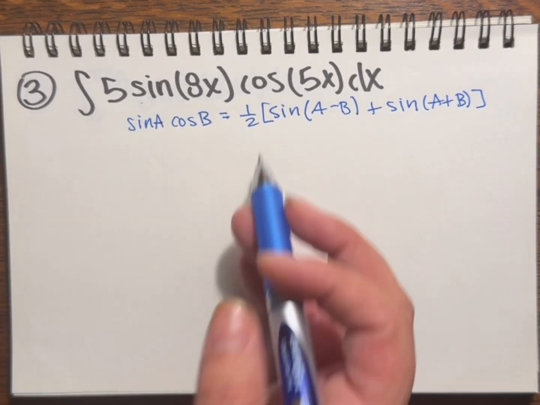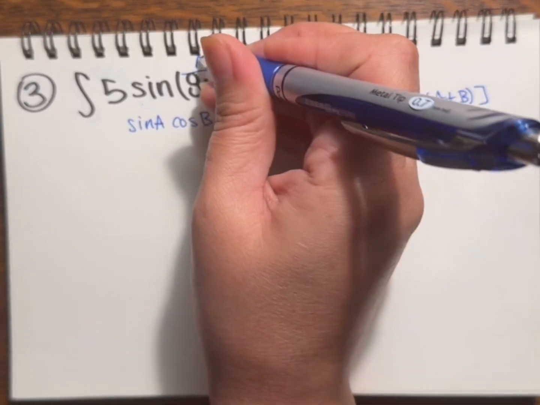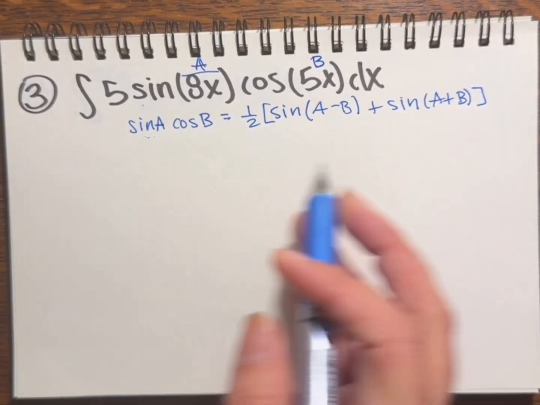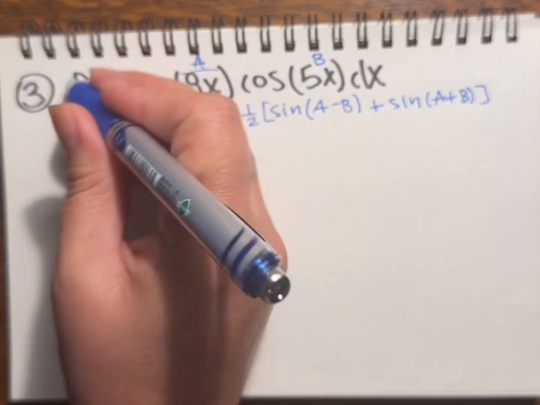But now let's just switch this over. So this is our A, right? Sine A. And this is going to be our B. So then I just plug everything into this new format. So this is going to be, and I'm going to bring the 5 to the front.